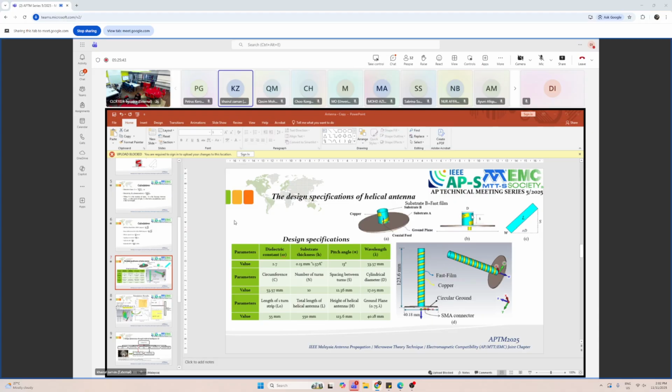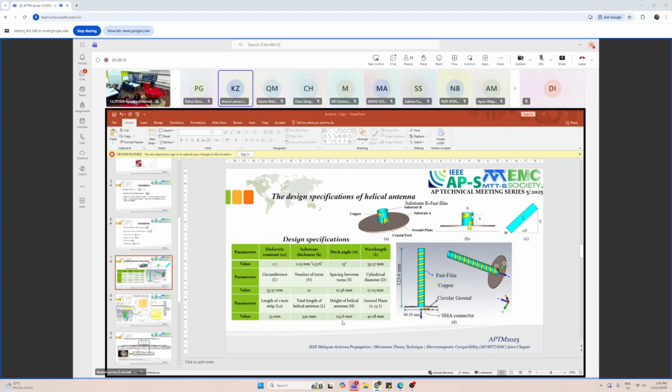So the design specification here, as we can see from the table, the total length of the helical antenna is 550. Here we mean the length of the strip helical antenna, the yellow color. But the height is 123.6 mm, which means the spacing should be 12.36, as you can see here.